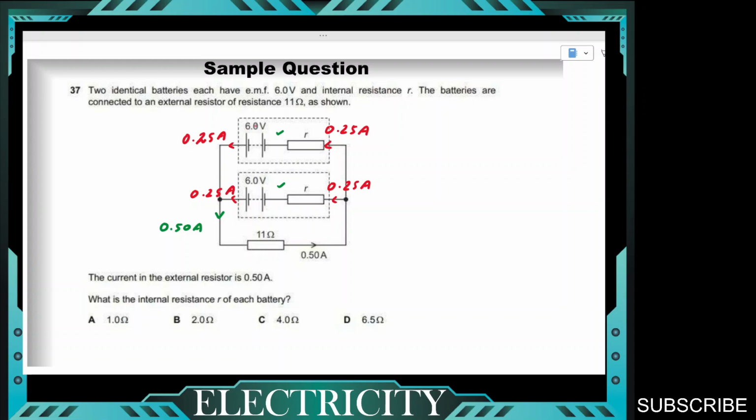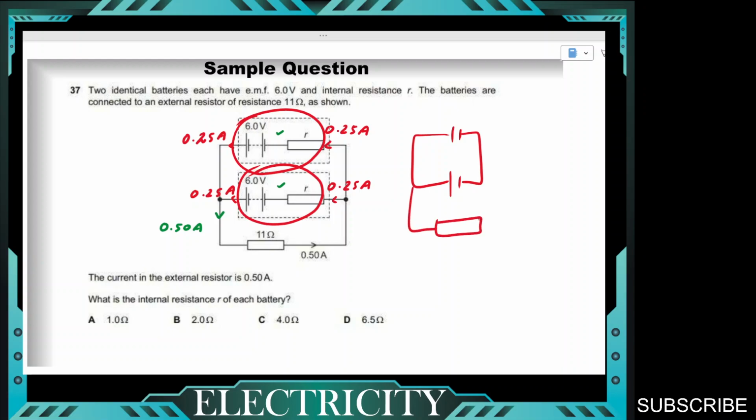The EMF of this battery is 6. The EMF of the second battery is 6, which is connected in parallel with the first one, and that is then connected to a resistor with a resistance of 11 ohm.